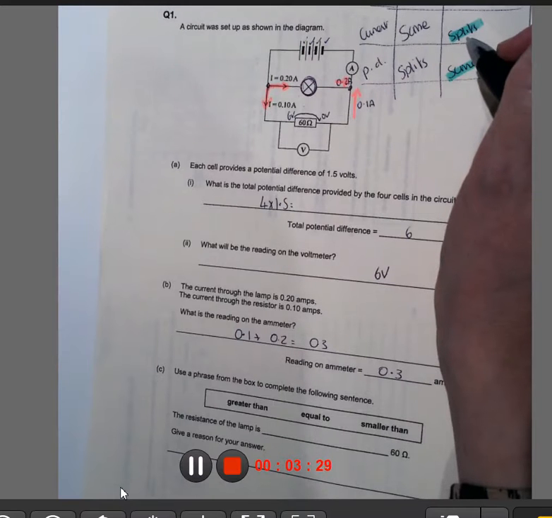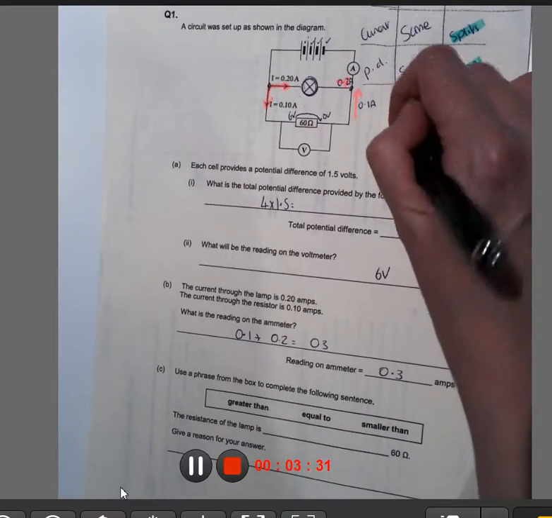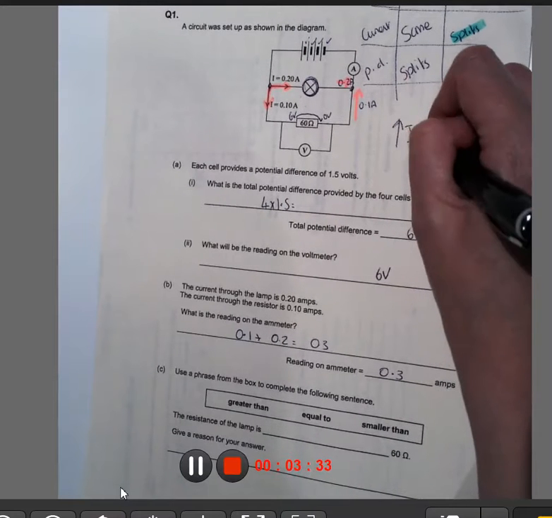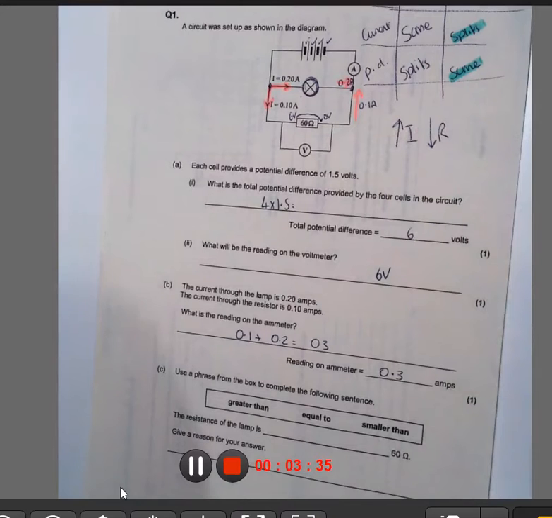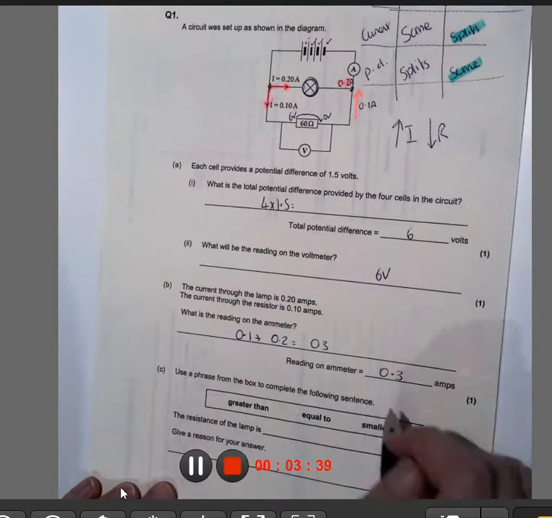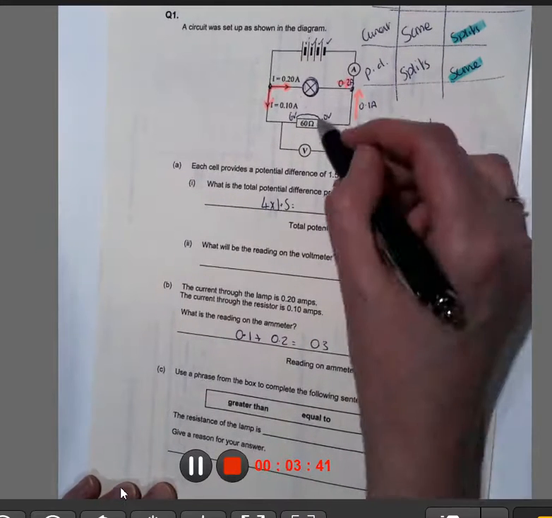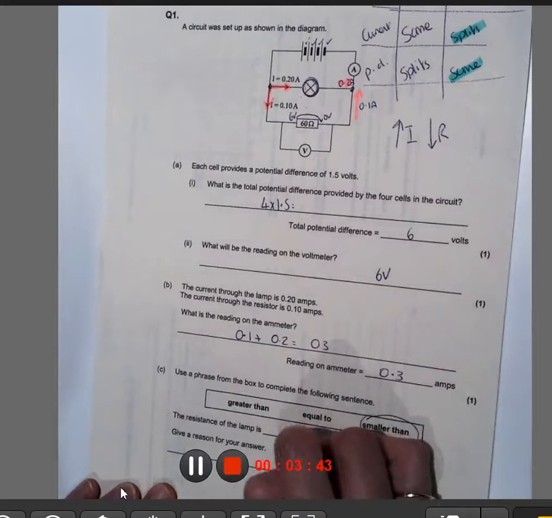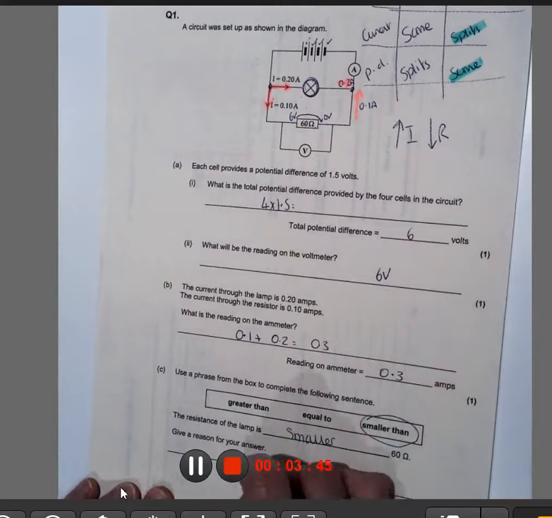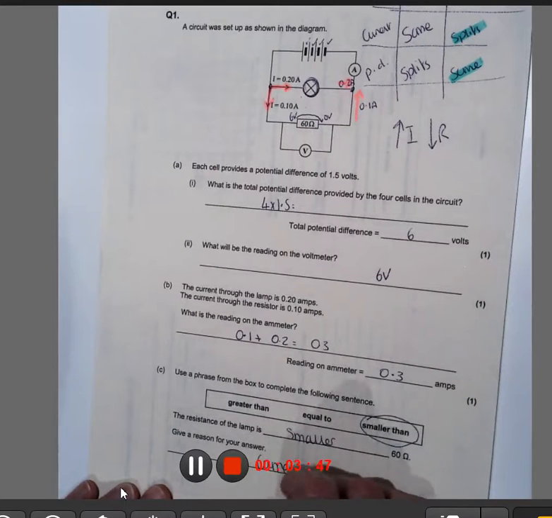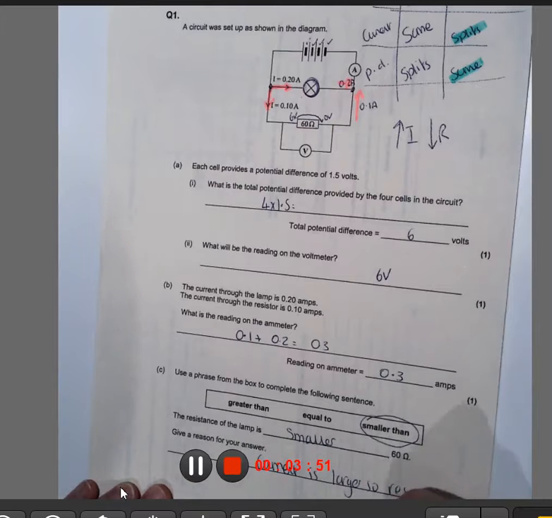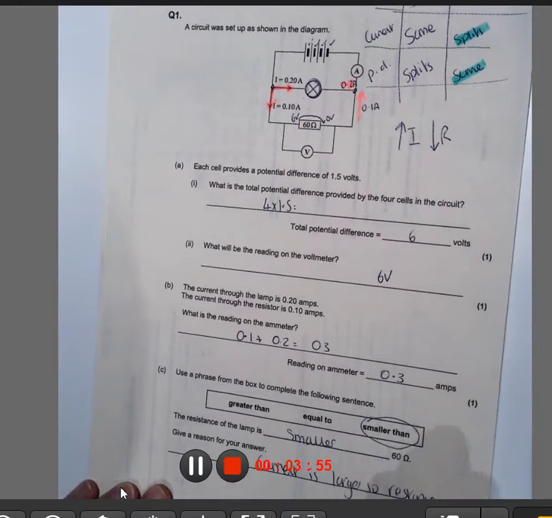That means if you've got more current, there must be less resistance because it's easier for the current to flow. So our sentence here, the resistance of the lamp is smaller than 60 ohms, because the current is larger. So resistance is smaller. Okay?